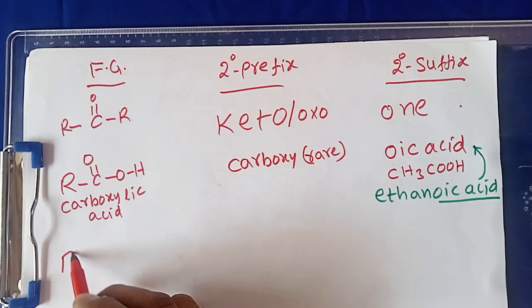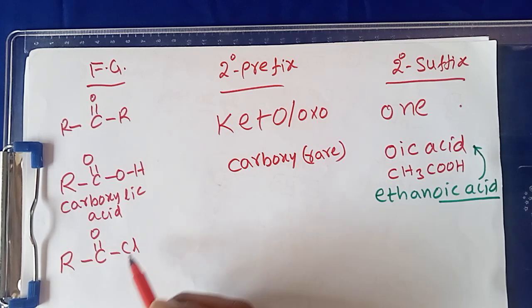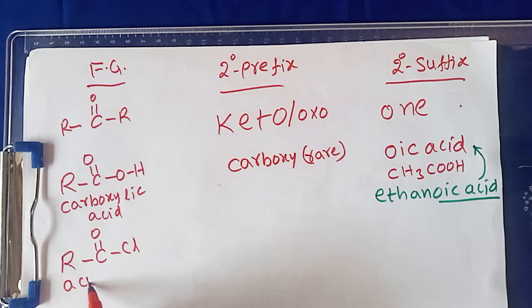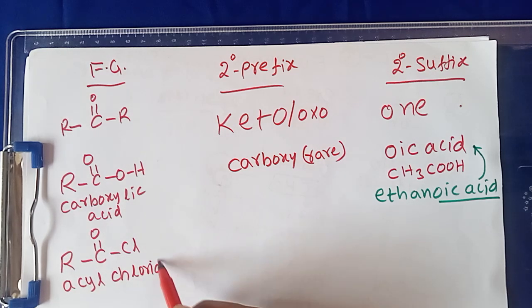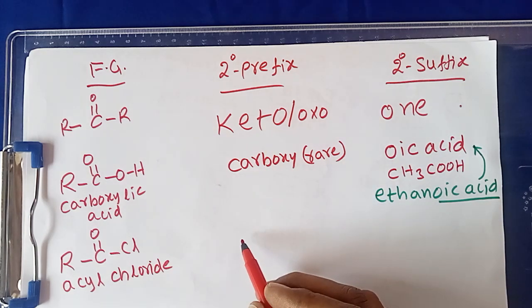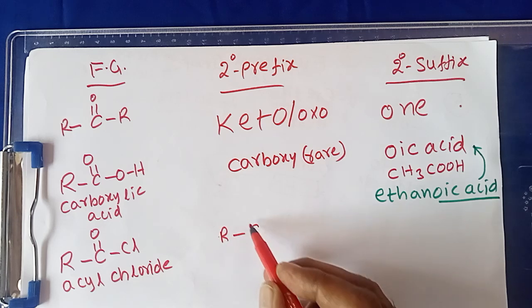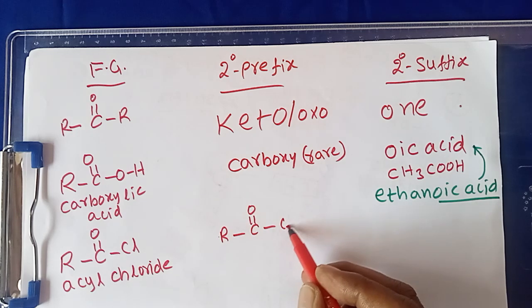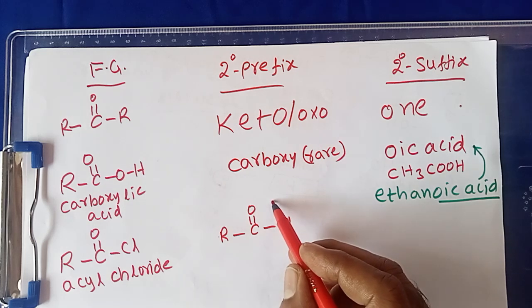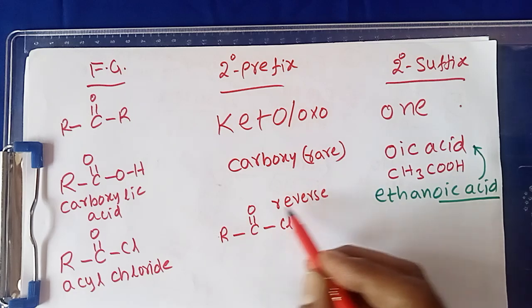Next, R C double bond O Cl. Acid chloride, acyl chloride, both are the same. Acyl chloride functional group. Then in the secondary prefix, so this is R. Now C double bond O Cl. You can use the reverse formula.